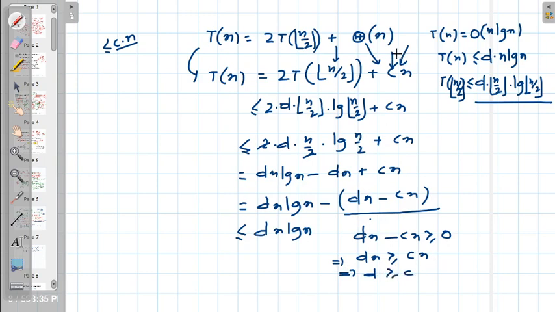So whatever c I am having here, say this c is 2, then I will be taking d as 2 or more. Then this condition will be satisfied, and that is this d is the overall constant. So whatever constant I see here, I will be choosing that constant or more. That liberty I am having.